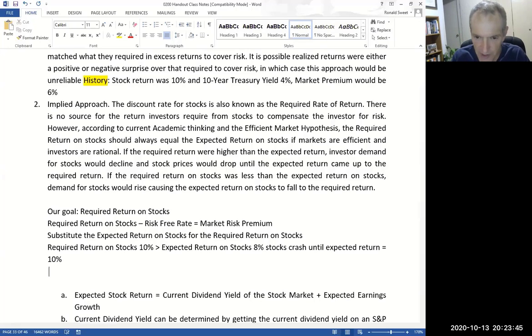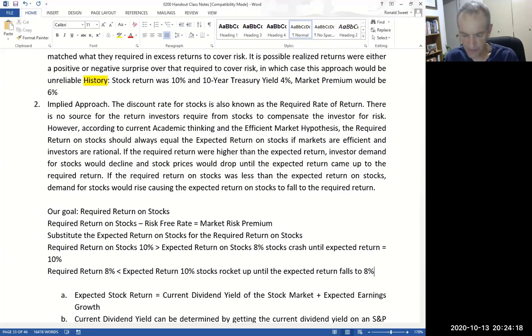If the required return is less than the expected return, so they require an 8% return, but stocks are priced to give them a 10% return, everybody's going to be buying stocks. So stocks rocket up until the expected return falls to 8%.